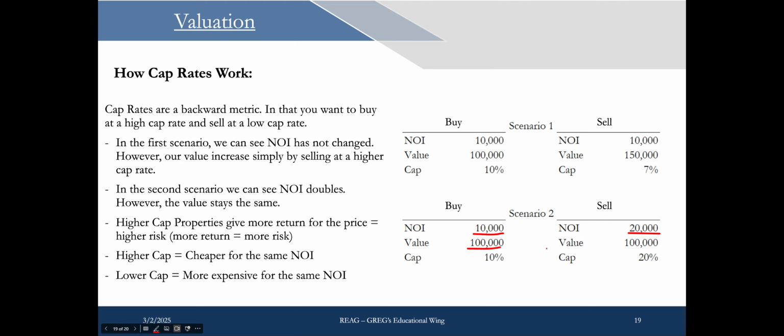But my value stays the same. Why? Because even though my NOI went up, I am selling at a higher cap rate, which suggests to the next buyer that this is a higher risk investment. So let's think about an example for this as well.